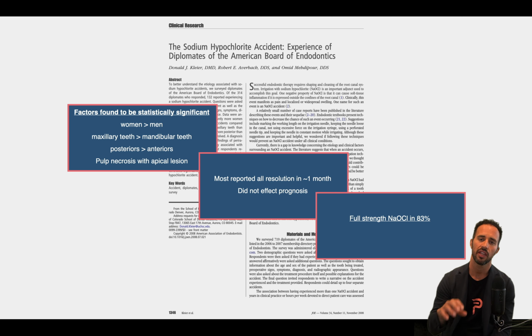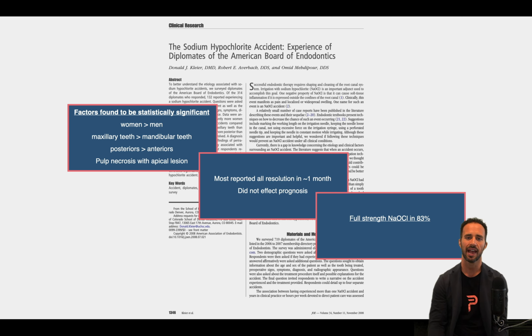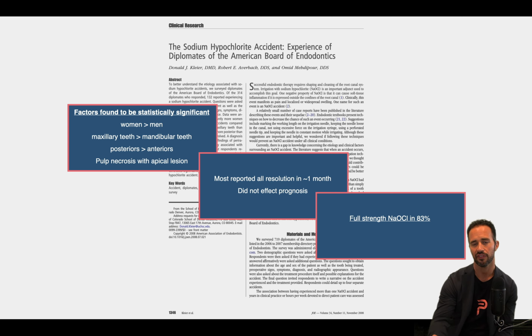The Journal of Endodontics published an article where a survey was sent out to all the diplomats of the American Board of Endodontists and asked them, if a sodium hypochlorite accident had occurred in their career, what were some of the factors of the case so that they can be more easily identified?